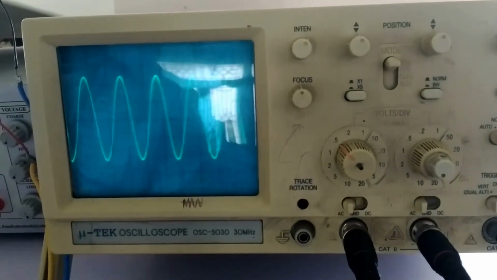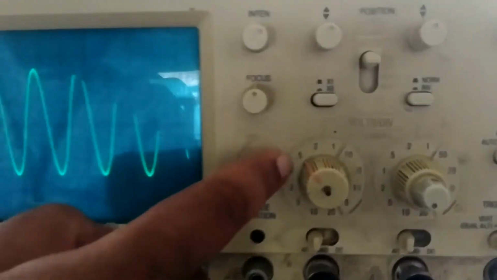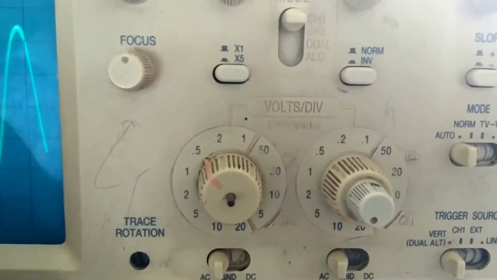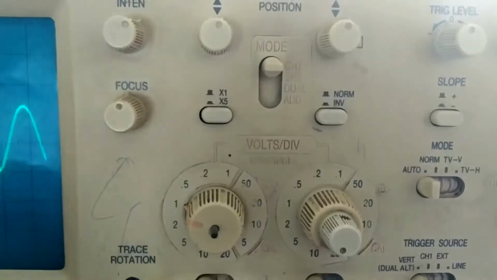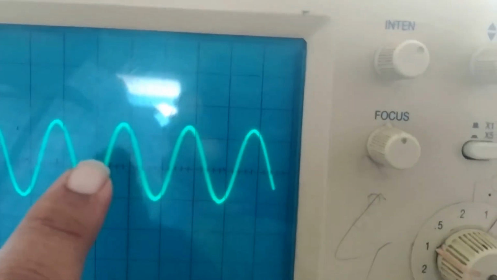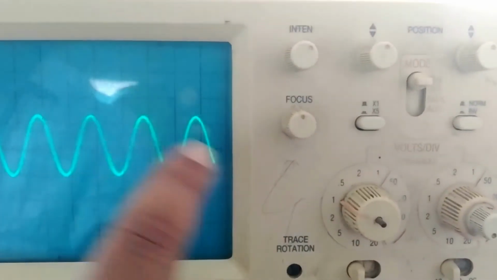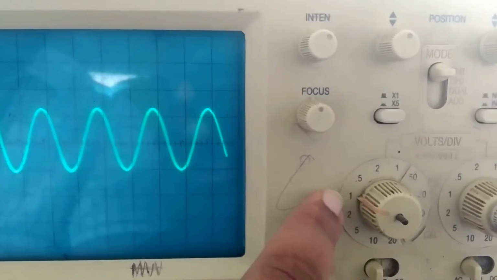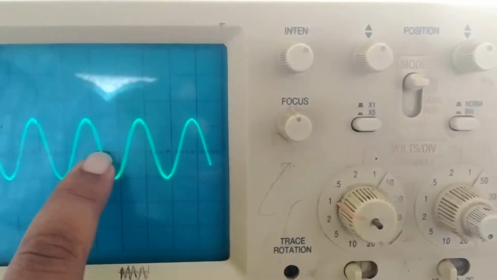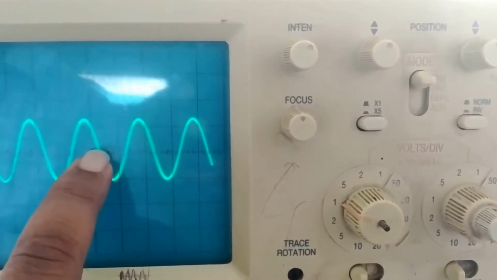Now you can measure the amplitude. It is at 0.5 volts per division; earlier it was at 5 volts per division. Now I can change it to 1. Total peak to peak is 2.2 into 1, so the peak to peak value for the modulating signal is 2.2 volts.